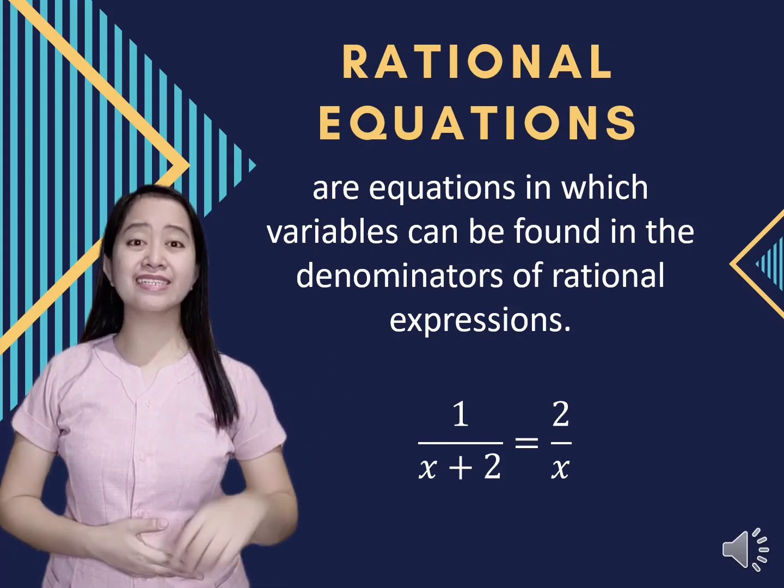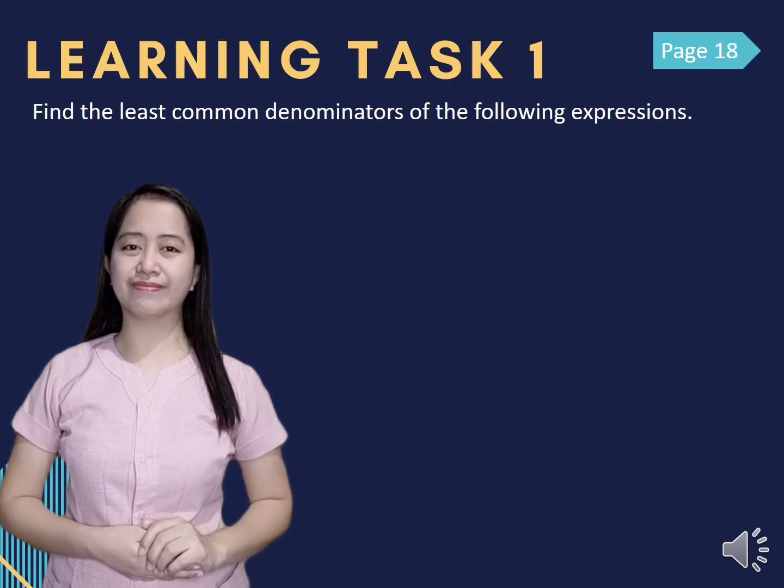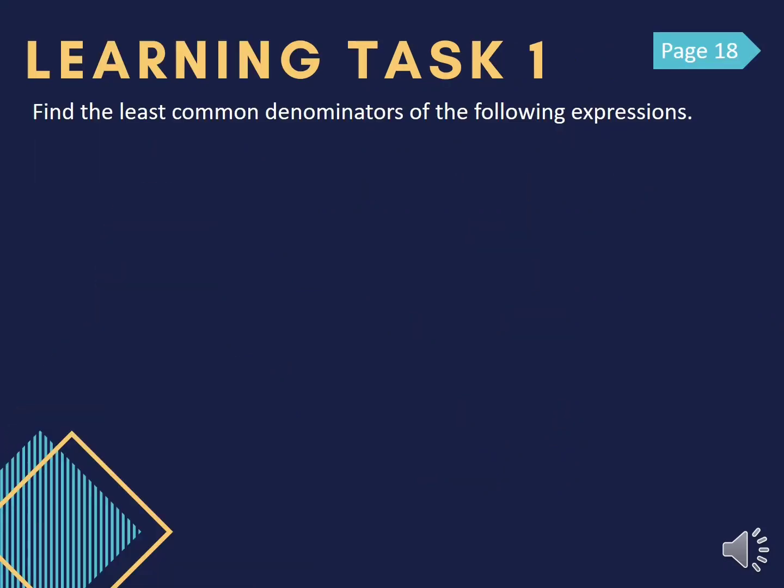So that is rational equation. Since the quadratic equations this time involves rational expressions, you must recall the concept on finding the least common denominator of rational expressions. Let us begin answering your learning test number 1, page 18 on your module.